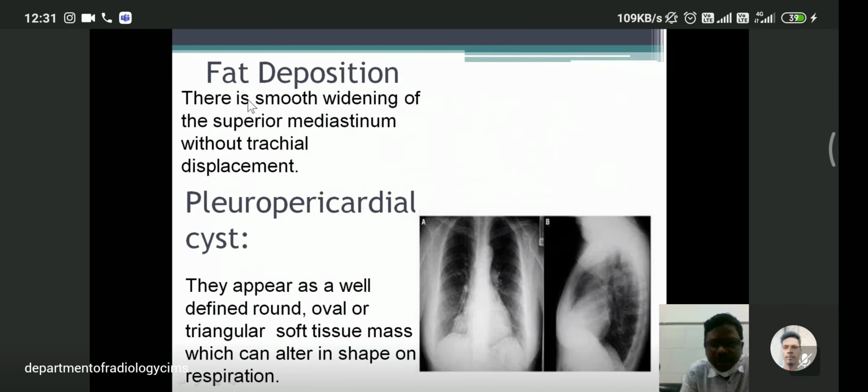Other lesions are the fat deposition. In this case, there will be smooth widening of the superior mediastinum without tracheal displacement. In pleuropericardial cyst, we can see the cyst at the pericardial and the pleural recess.